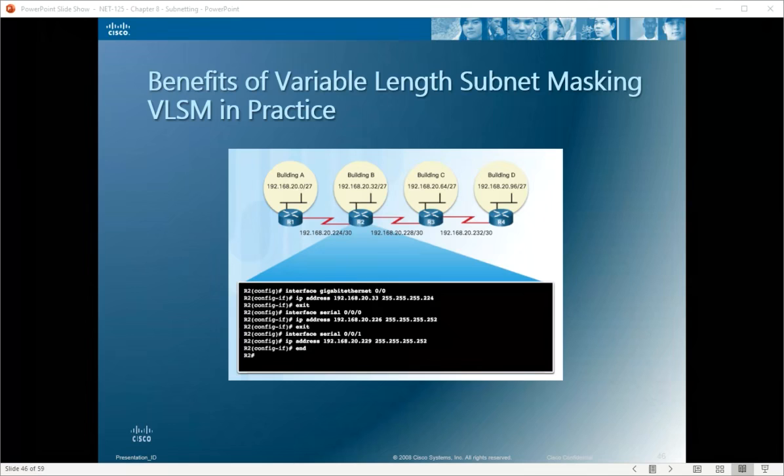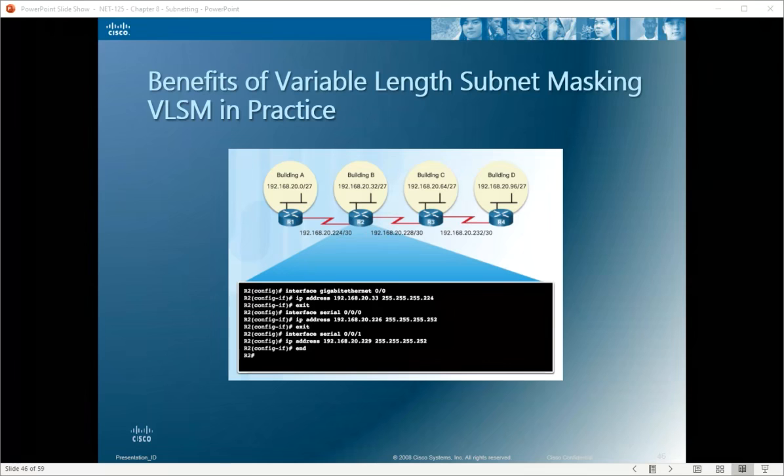So again, the 32 is our network ID, .63 would be our broadcast, and 20.33 would be our first host address. So the interface for that first host address, to make sure that all of the network traffic on building B's subLAN can actually talk to the router, has to be that first interface. Very good. Notice that the subnet masks between gigabit 0/0 and the serial interfaces are different.